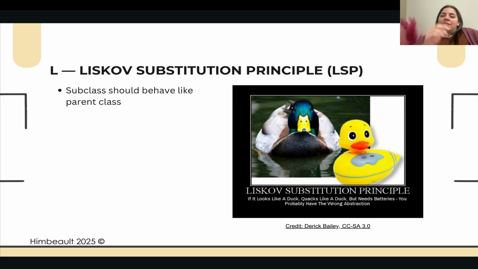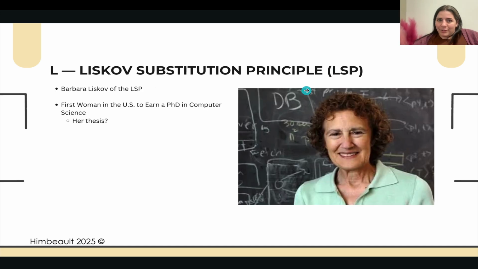The problem is you need to turn a robot duck on, whereas by default, that is going to be always on if it's an alive duck, right? So this is going to actually prove that we're using the wrong abstraction. We shouldn't be using a superclass parent relationship because this subclass is not going to behave like the superclass.